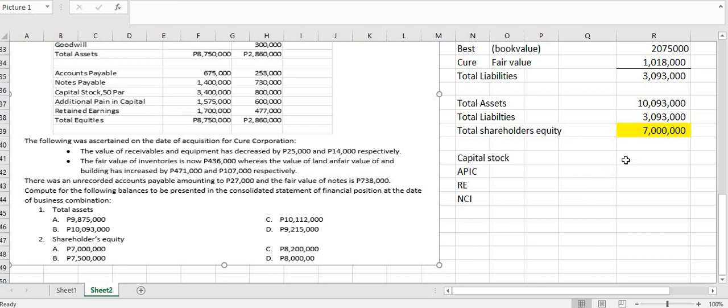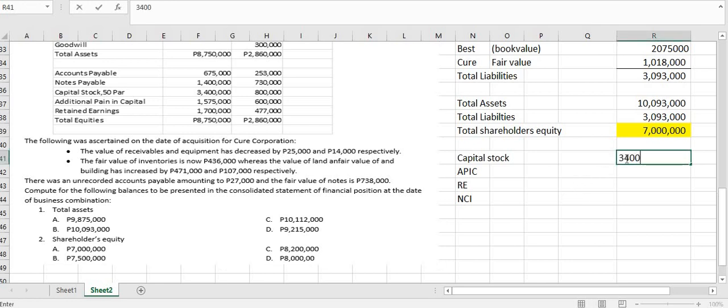So the capital stock is 3,400,000. The additional paid-in capital is 1,575,000.